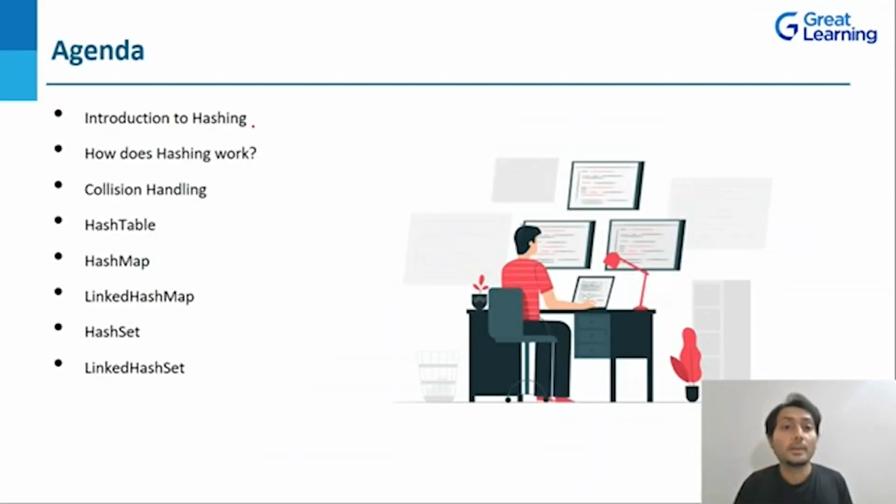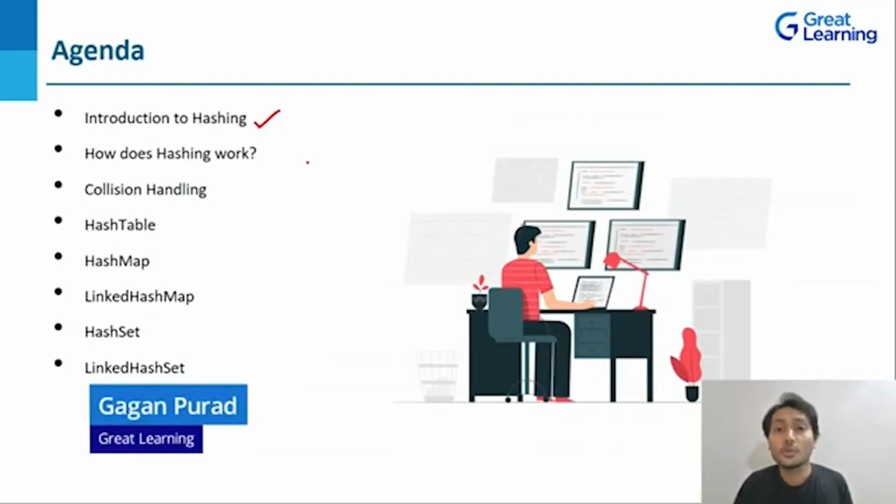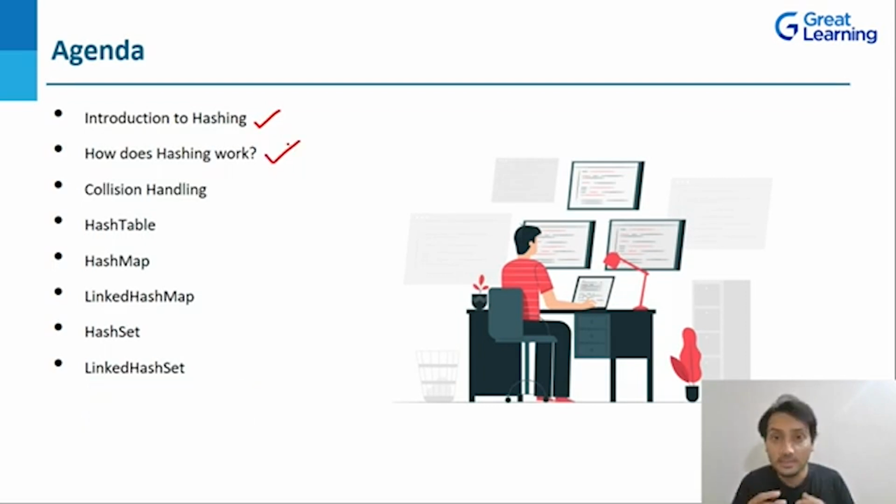So first of all, we'll try and introduce you to hashing, and then we'll continue to understand how exactly hashing works, right? And next, if any collisions occur during your hashing process, how to handle such collisions, and what are the different techniques to handle them?